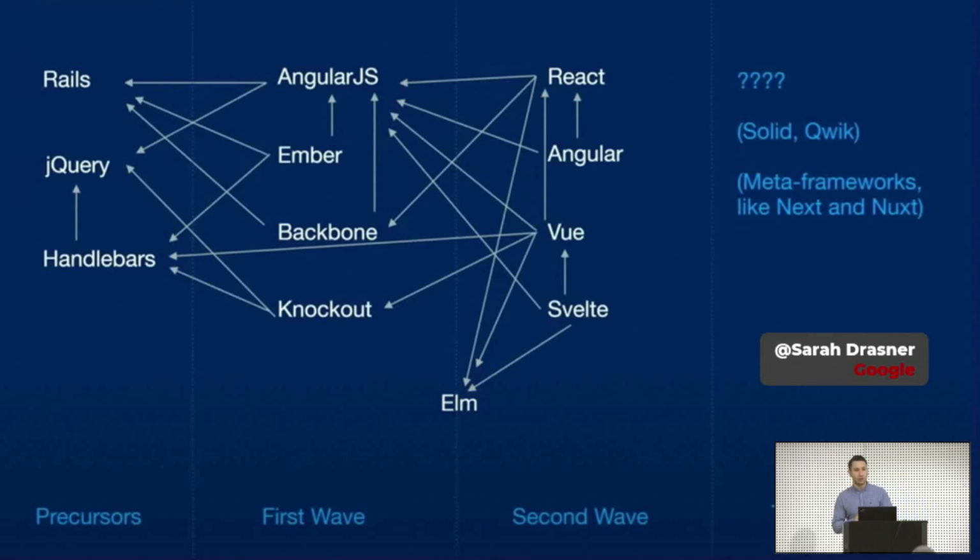The main player here is AngularJS, not the new Angular, but the old one. But from it, the second wave includes stuff like React, Angular, and Vue, the three most influential current frameworks or libraries when it comes to delivering single-page applications. The third wave is something that we'll be talking about a bit later in our presentation.